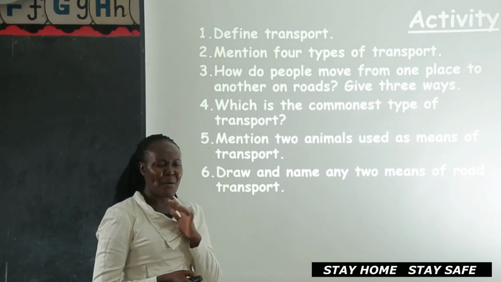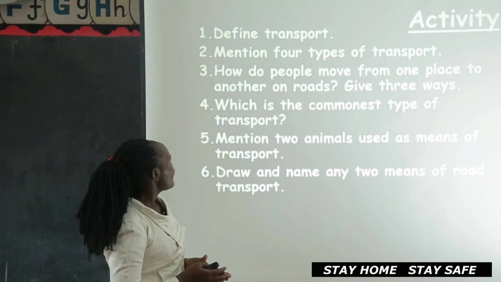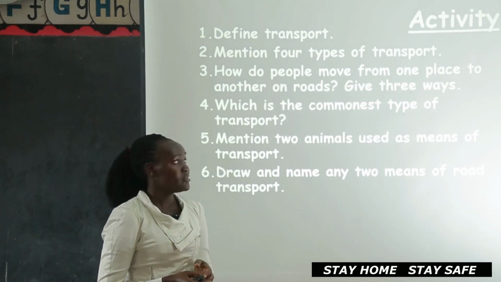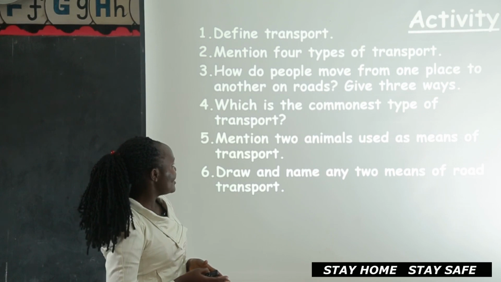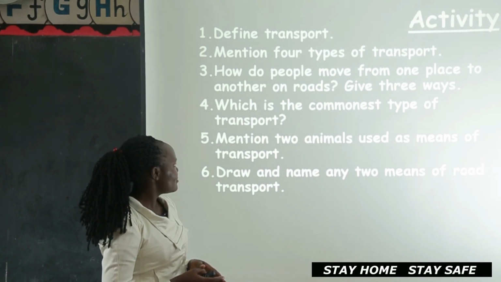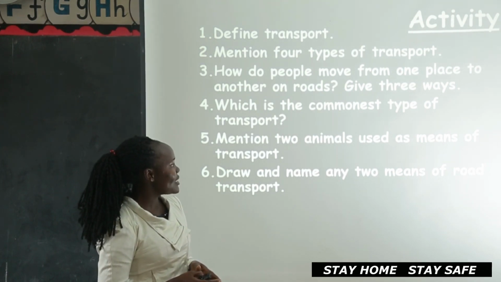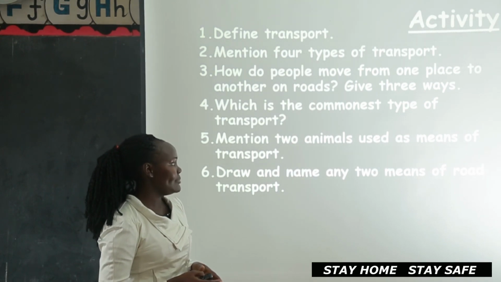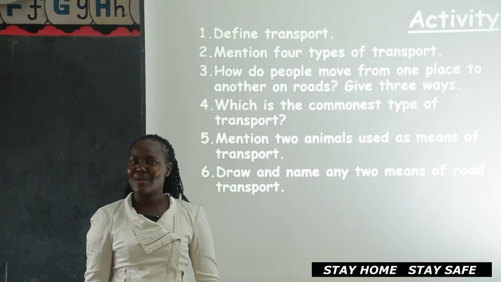Give 3 ways, only 3. So I expect you to begin your answer by saying by, and you mention which is the commonest type of transport. Mention 2 animals used as means of transport. Draw and name any 2 means of road transport.